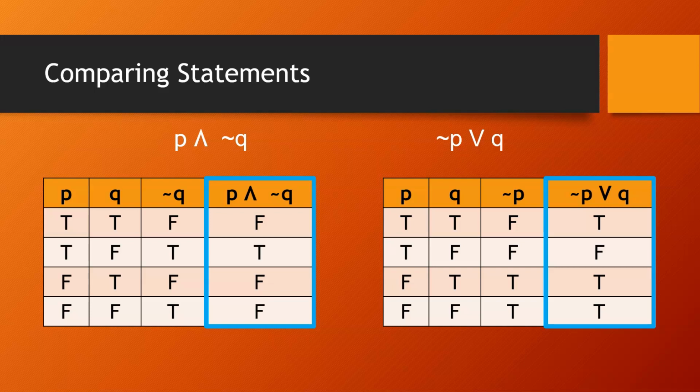Where I see false in the first statement, I see true in the second one. And where I see true in the first one, I see false in the second one. If that's what we see, then the two statements are negations of each other. Think of it as they're exact opposites of each other.